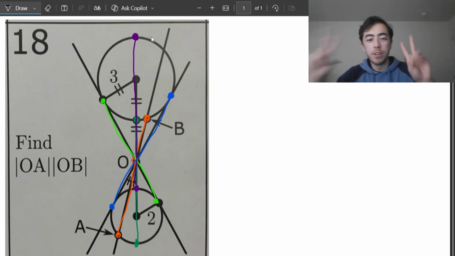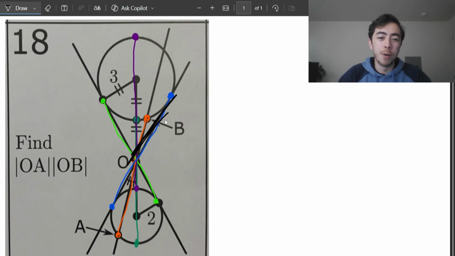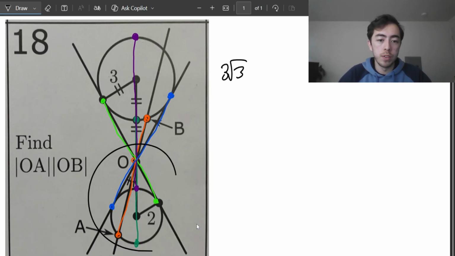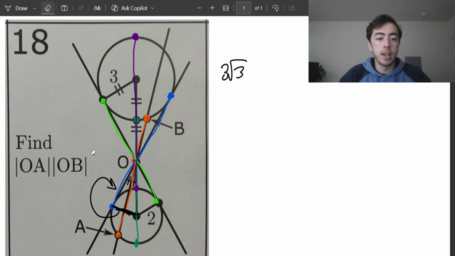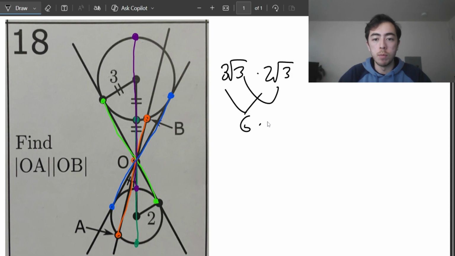So this newer version of OB is going to be the length 3 root 3. And then we can play the same game with the circle down here. Just this time our short length has a length of 2. So this length on that side has a length of 2 root 3. And then when we multiply these two lengths together, we get 6 times 3, which is 18.